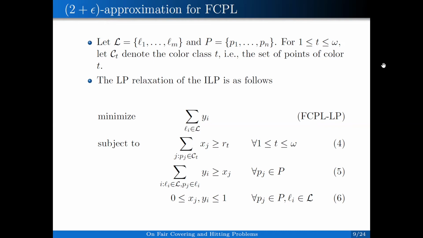And that's why we cannot round this LP in a straightforward manner to obtain a constant approximation. Instead, what we will do is we will round this LP to obtain an additive approximation, and then we will convert that additive approximation to a multiplicative 2 approximation using the desired running time.